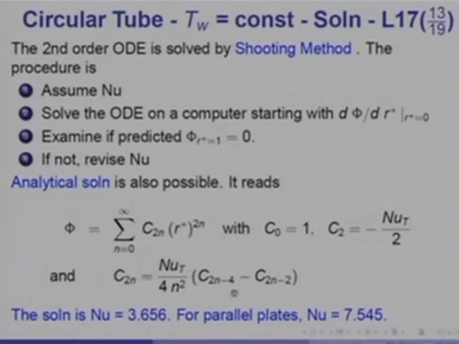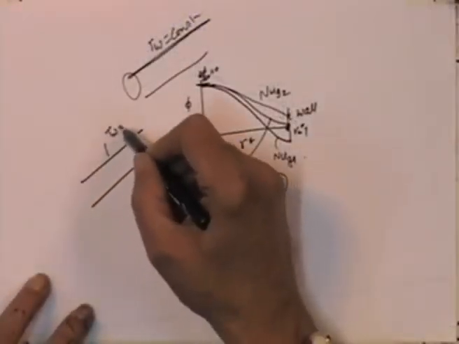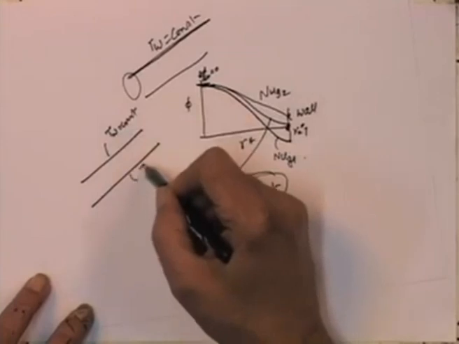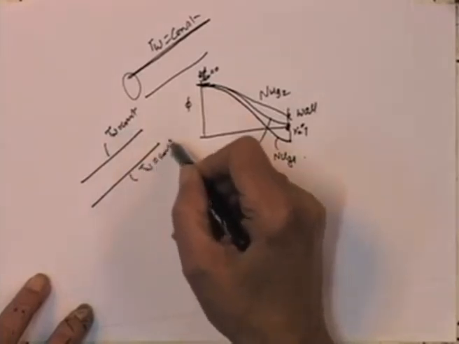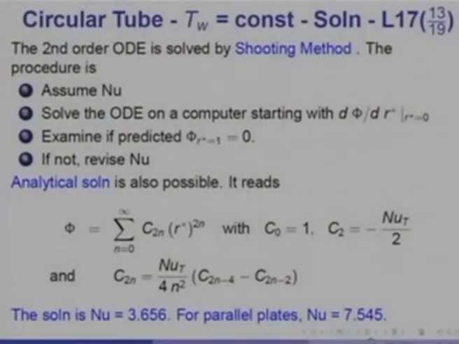If I were to do this same problem for flow between parallel plates with T wall equal to constant on both sides, then the Nusselt number that I would develop is 7.541, but that I leave you as an exercise to be done.